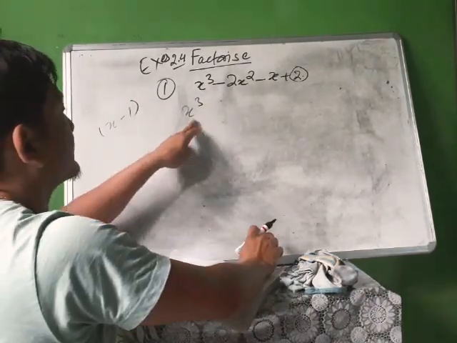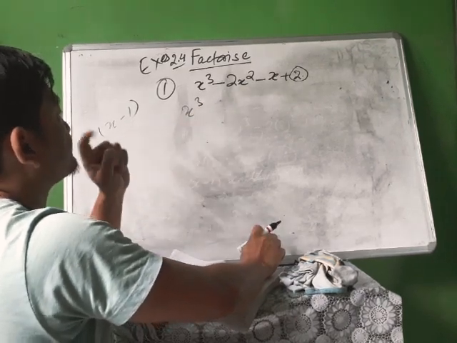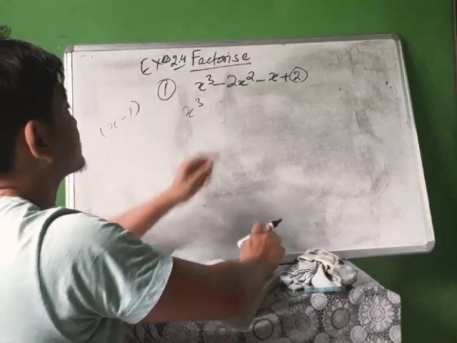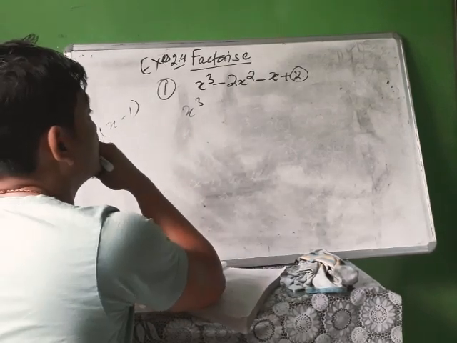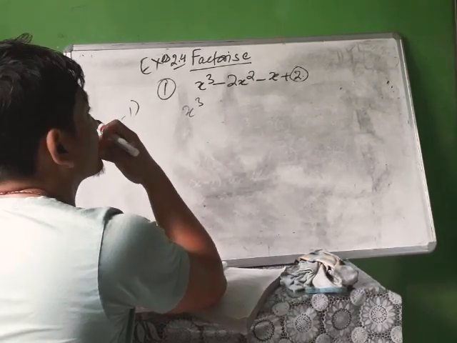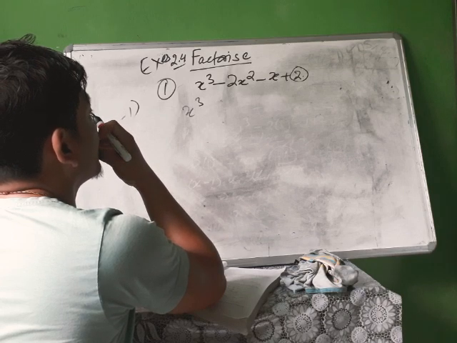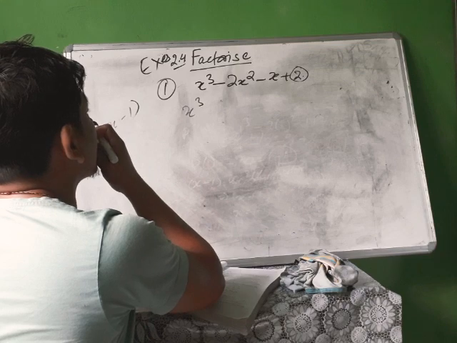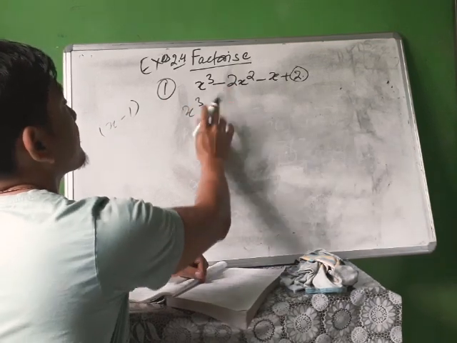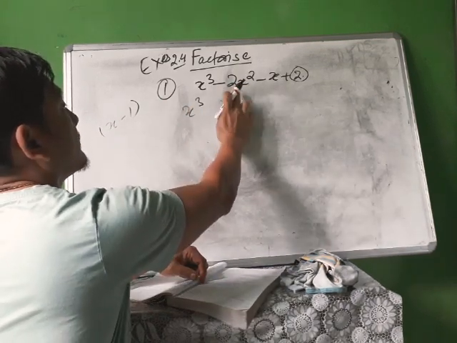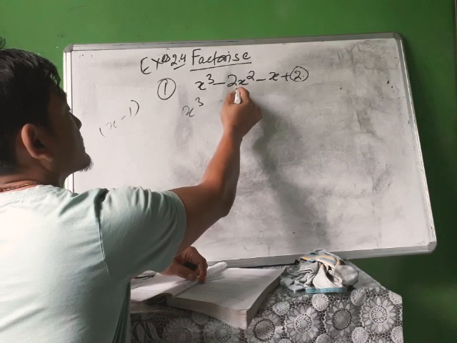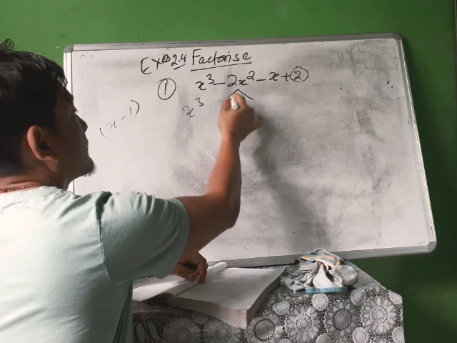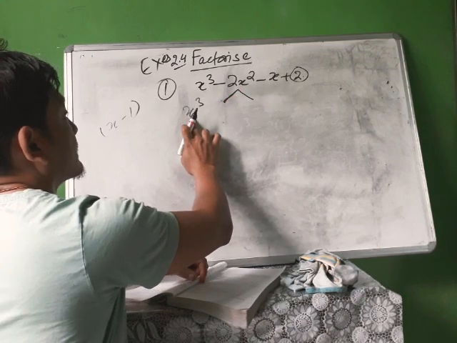Here you have x cube. To get x minus 1, what will you do? How can we put x minus 2 here? We will split this portion. x cube is already there.